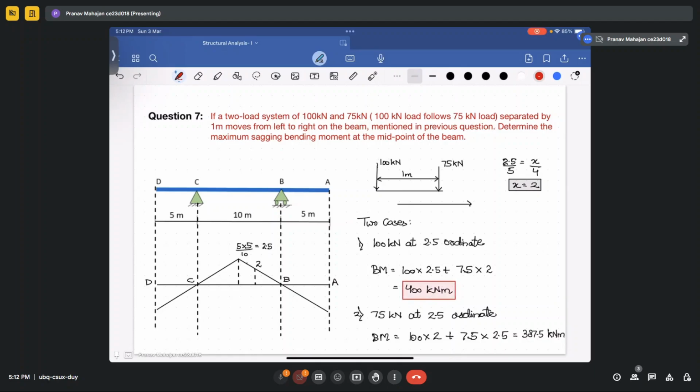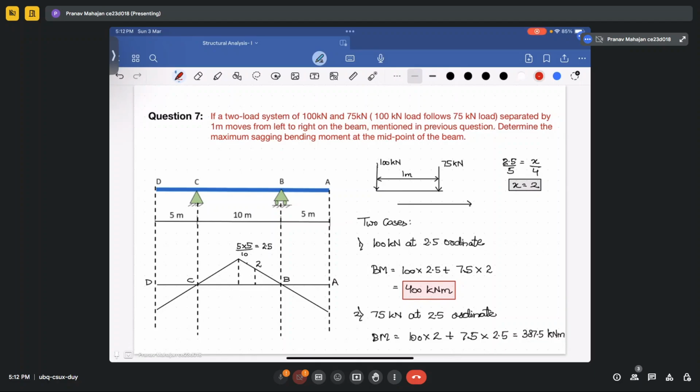So whenever you are required to calculate the maximum bending moment at any particular point, provide the maximum load at that particular joint, and also consider whether it will affect your section or not, because sometimes if you put the maximum value at that particular point, the ordinate is moving to the negative direction, and then it will provide you a negative result.